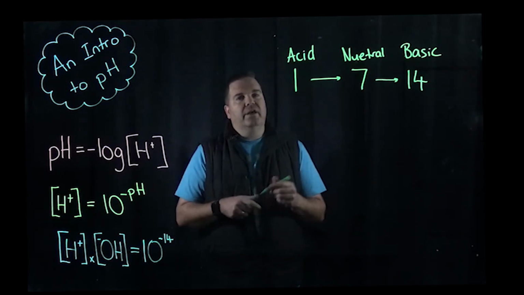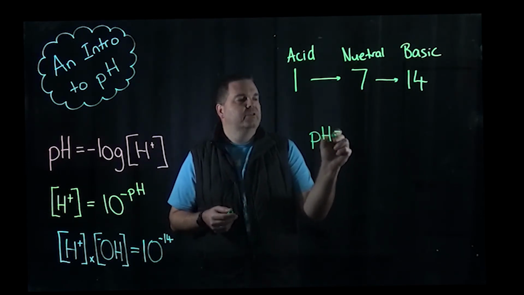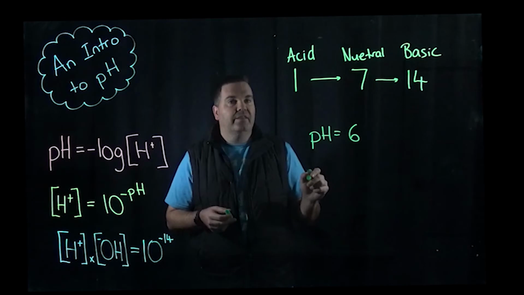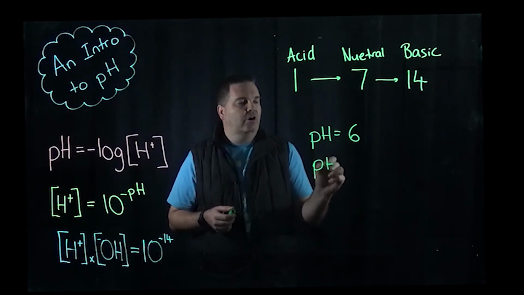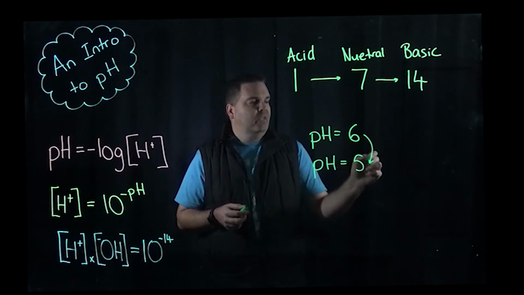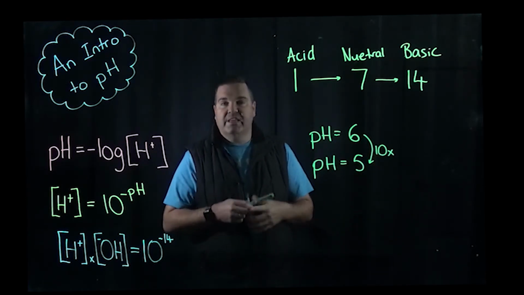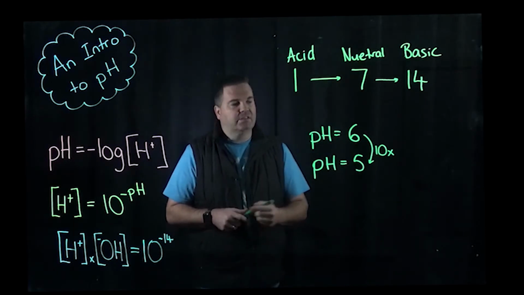So if we've got something that has a pH of 6, and then you compare that to something that has a pH of 5, that means from here to here is 10 times more acidic. So something with a pH of 5 is 10 times more acidic than something with a pH of 6.